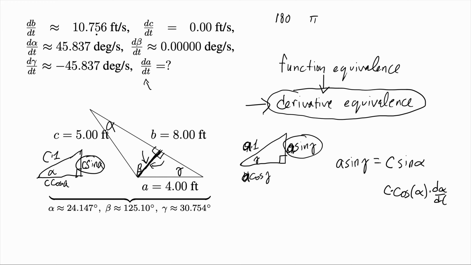You can think, okay, this is what fraction of pi? Well, the radian measure is what fraction of pi it is. Well, it's the same thing as saying what fraction of 180 is this guy. So you can just simply say 45.837 over 180, and that's how many pi we're going to have.